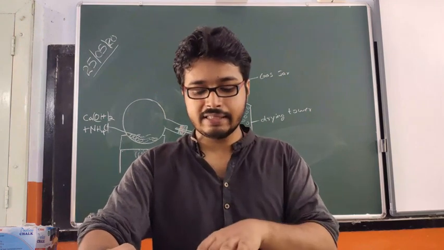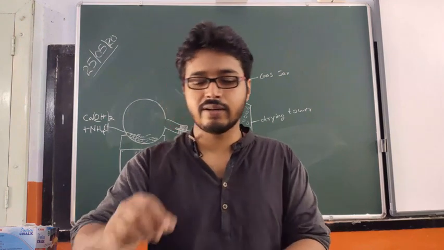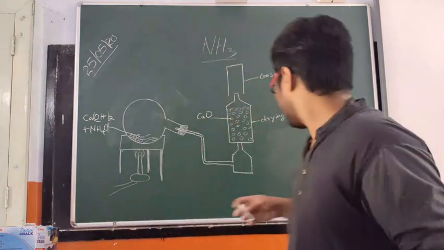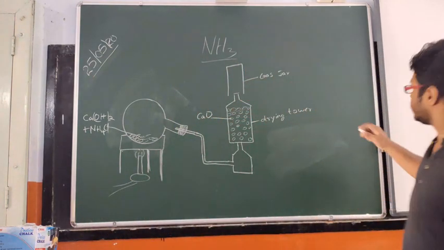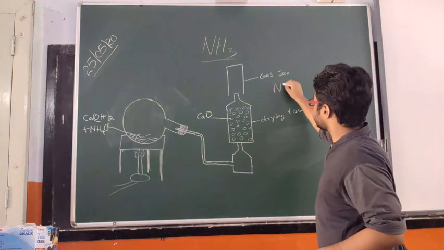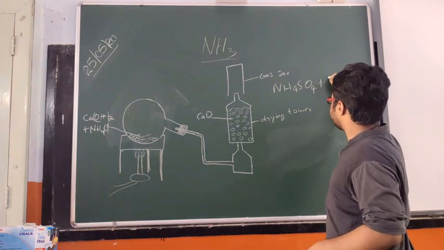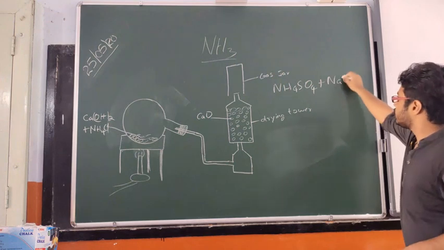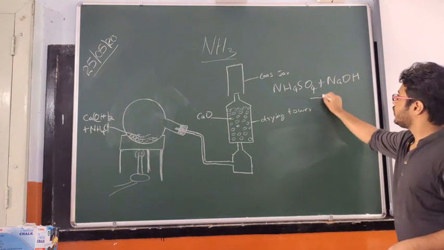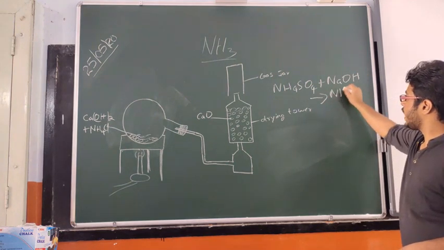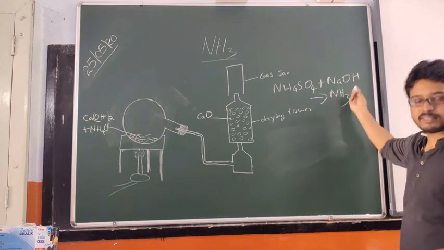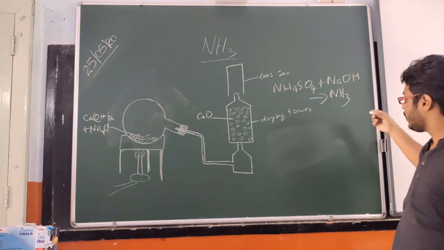You will study the reaction right now itself. I will write an example here. If I am taking ammonium sulfate and treating it with NaOH, one of the products will be NH3 definitely, because this is a reaction to synthesize ammonia.